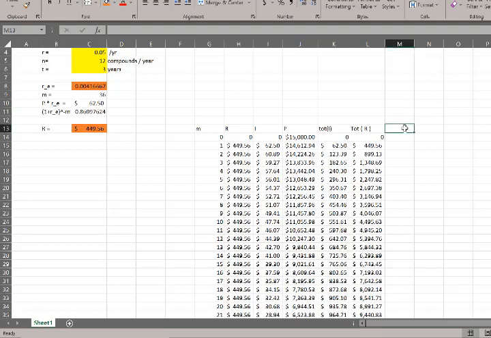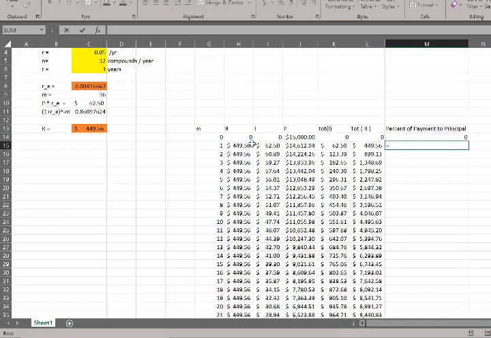So let's do a little analysis of this. Here we'll look at it as percent of payment to the principal. Okay, so that's simply going to be, well, the first one kind of doesn't matter, so we'll look at the second one, or month number 1.